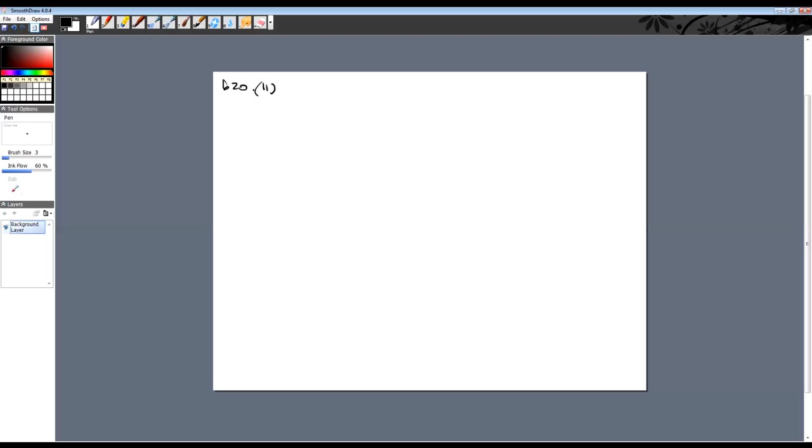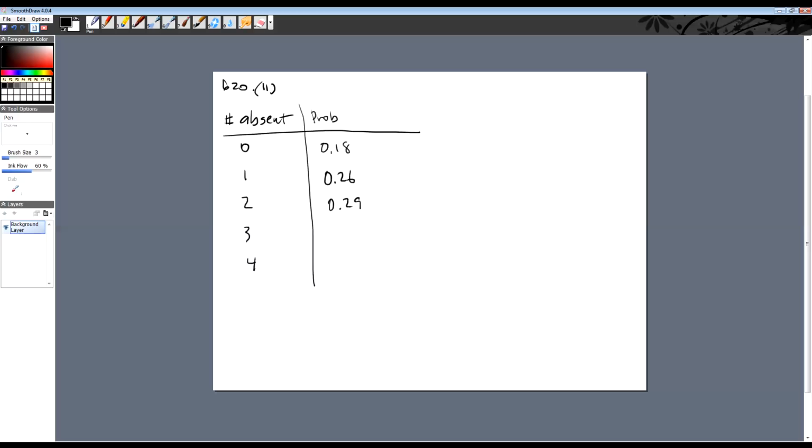So we have the number absent. So we have 0, 1, 2, 3, and 4. The probability is 0.18, 0.26, 0.29, 0.23, and 0.04.